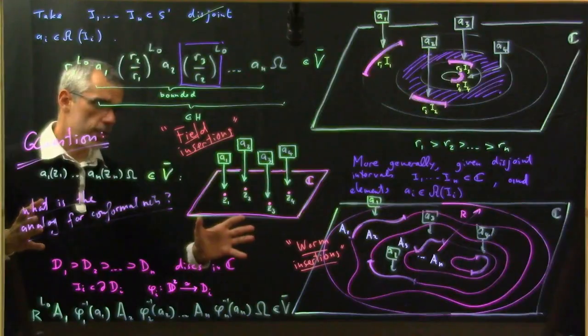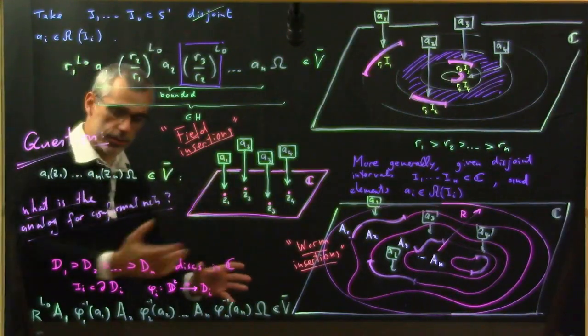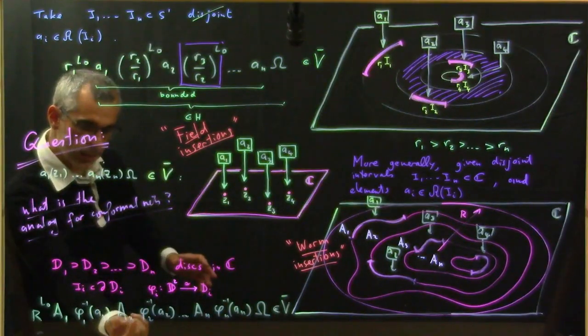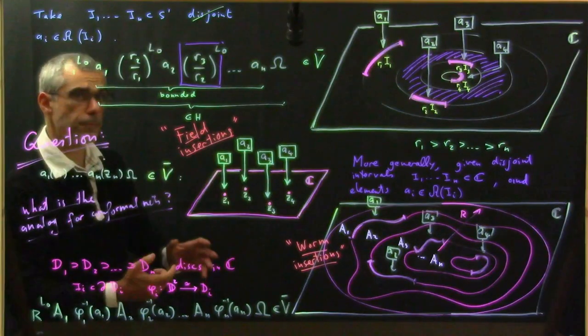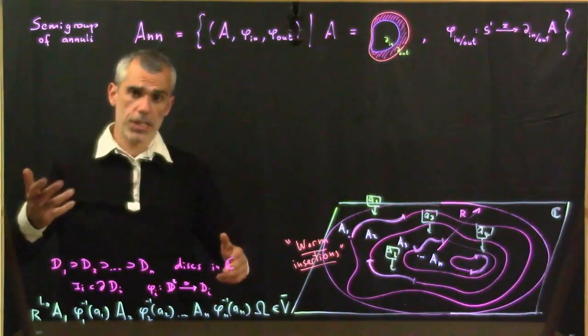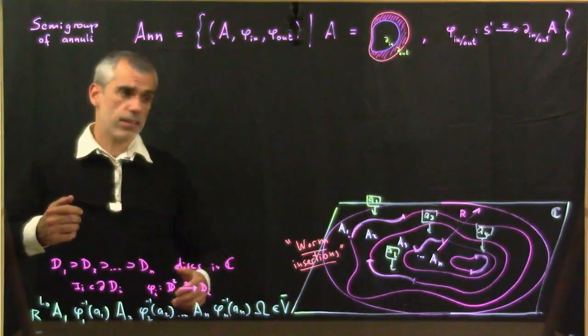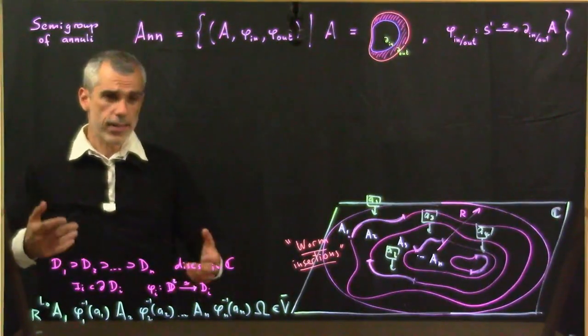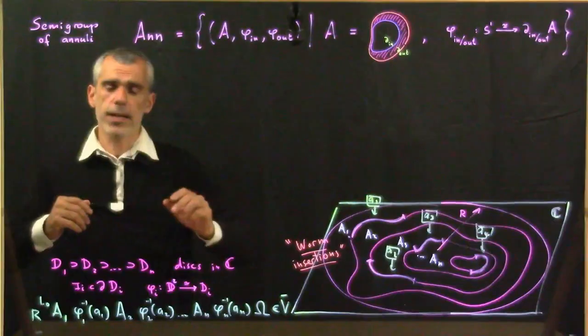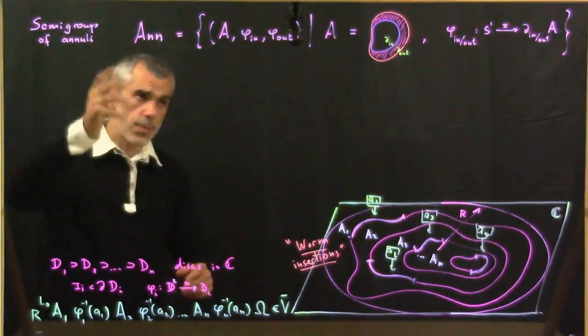So now I need to, of course, tell you a little bit more about annuli and what are these operators that correspond to these annuli. So one major insight due to Segal and Neretin is that the Virasoro algebra integrates to something which is not quite a Lie group, but a semigroup, the semigroup of annuli.